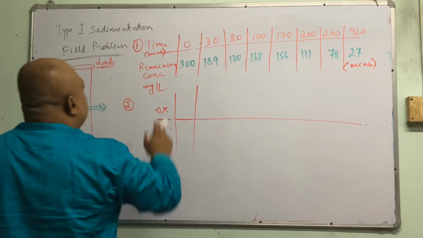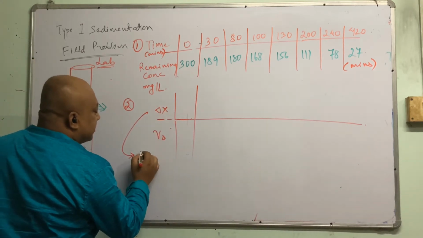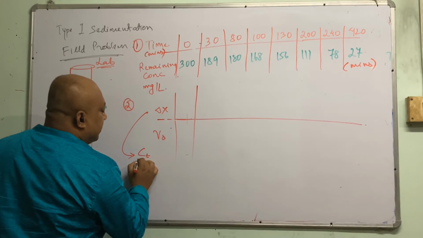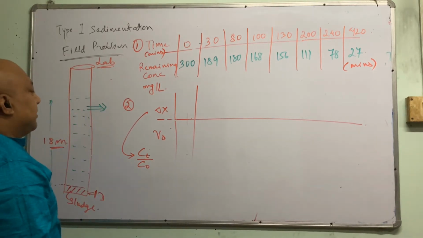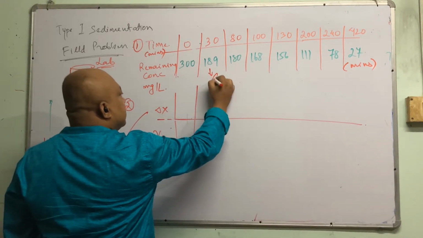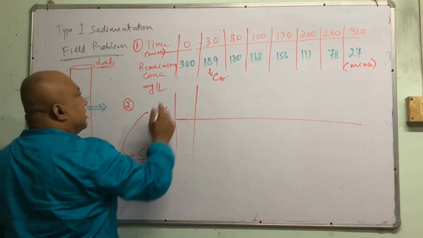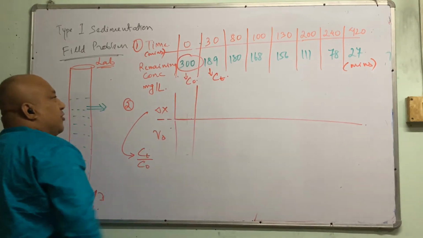Now see, if time is equal to 0, what is del x? Ct by c naught means the present concentration, and at time zero this will be the c naught, the initial concentration.